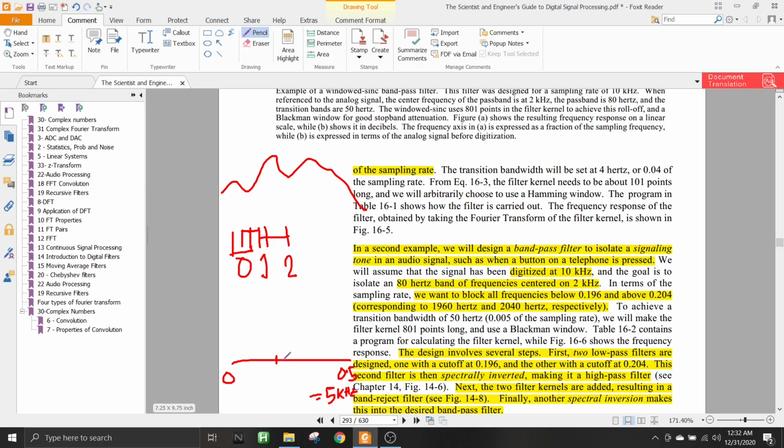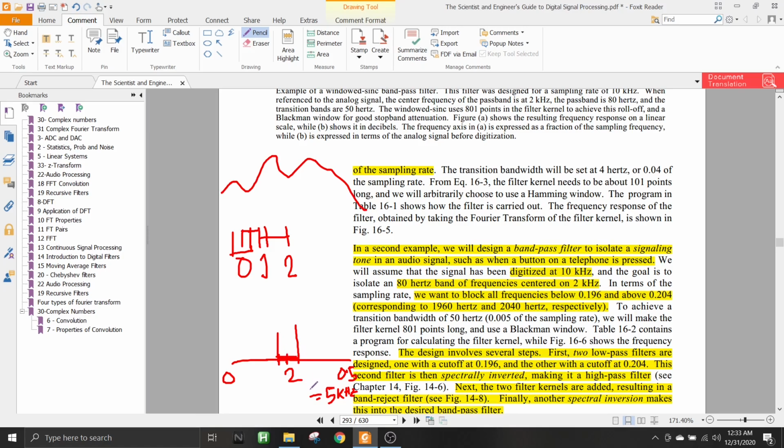Then 2 kilohertz would be somewhere near the midpoint. Around 2 kilohertz, we want to take 80 hertz worth of band. This is the band of frequency that we want to isolate.